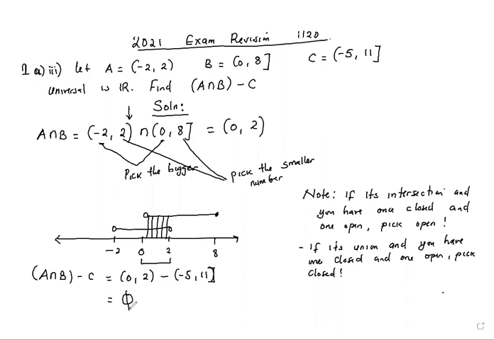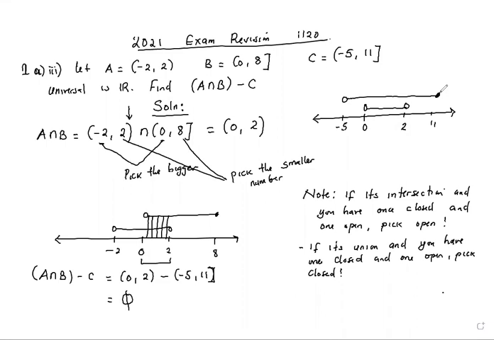I haven't gotten it. Try to put it on the number line. You have 0 to 2, open, open. You also have negative 5 to 11, closed, open. Remove that. Remove the bigger line from the smaller one. So you remove everything in there.